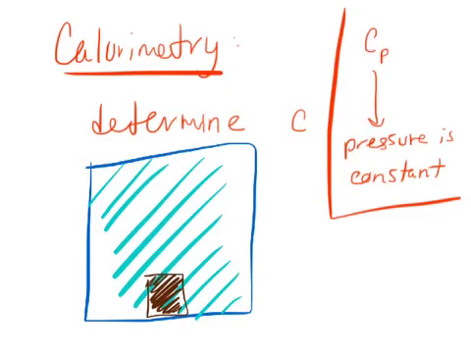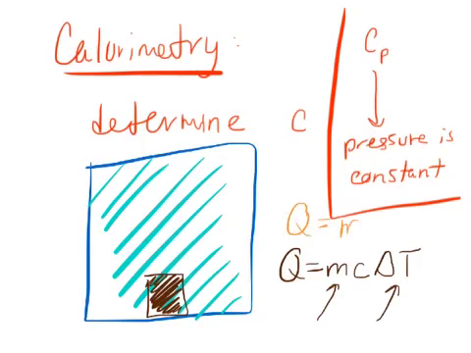If you're able to measure the mass, and let's go back to our formula. If you know the mass of the copper and the change in temperature of the copper, and at the same time, I'll write a different color here, let's use orange, you know the mass of the water, the change in temperature of the water, and we do know the specific heat capacity of water.